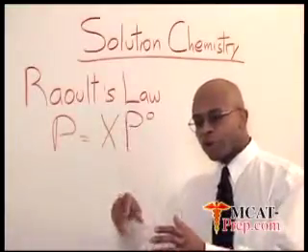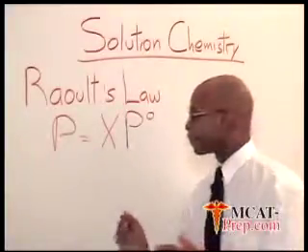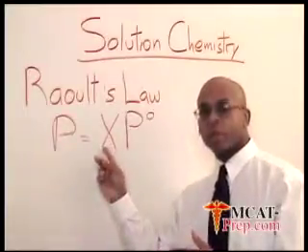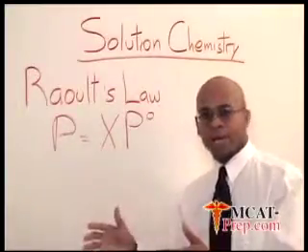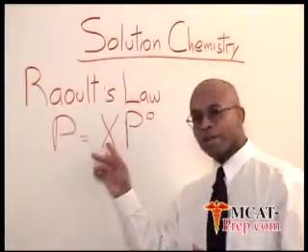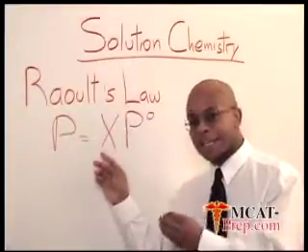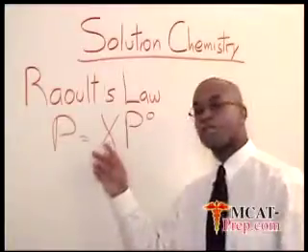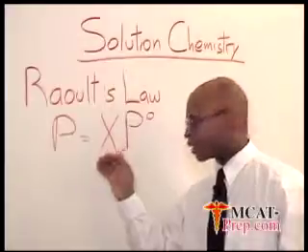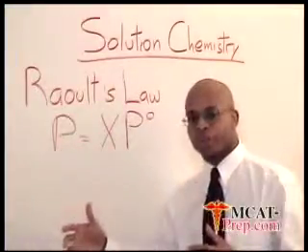Then as you start to add solute to the solvent, creating your solution, the mole fraction, which used to be 1 because it was completely solvent, slowly starts to decrease.